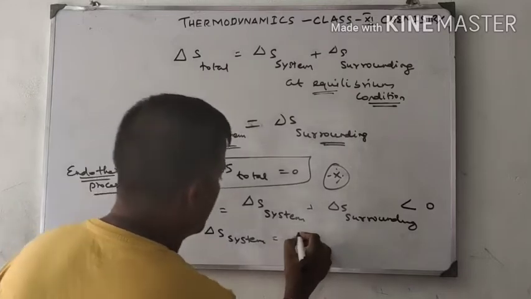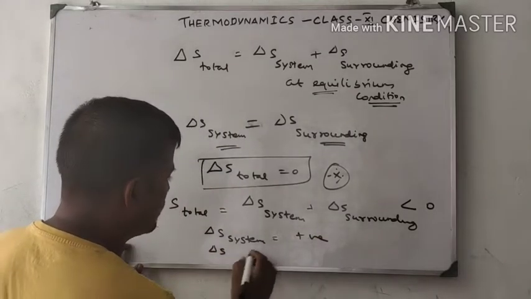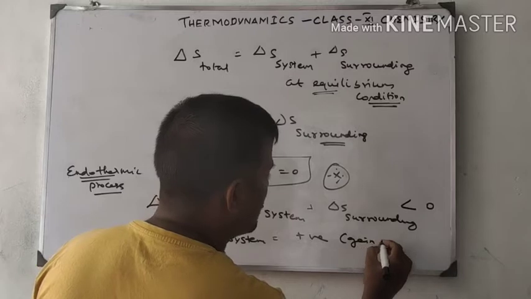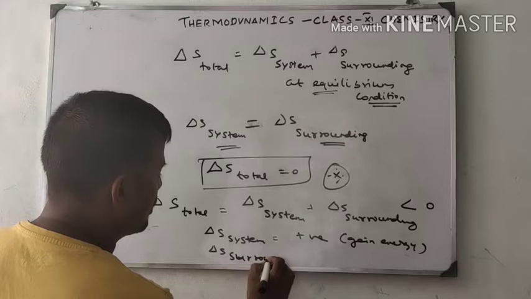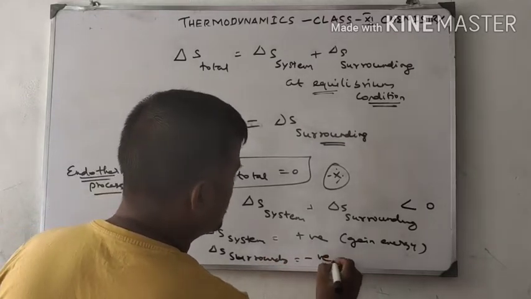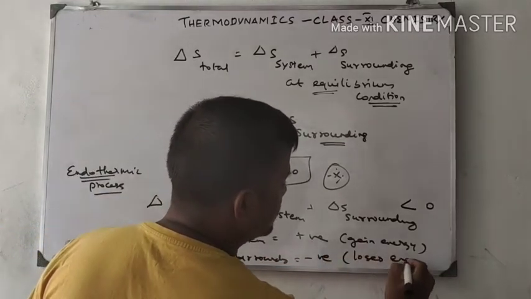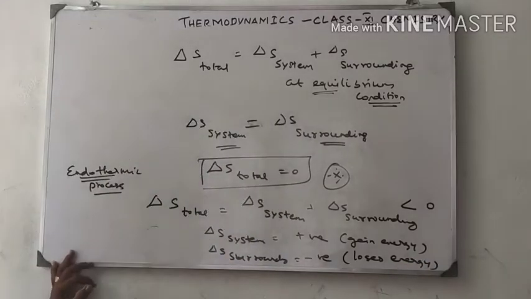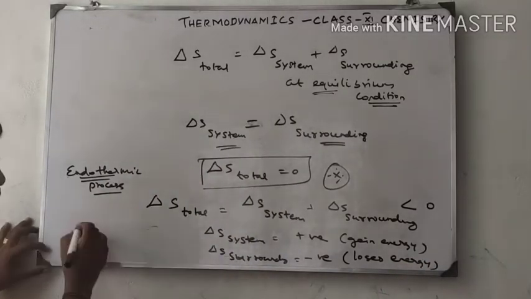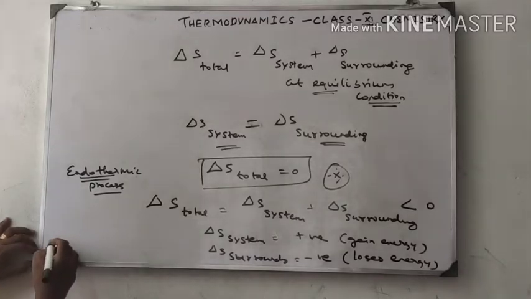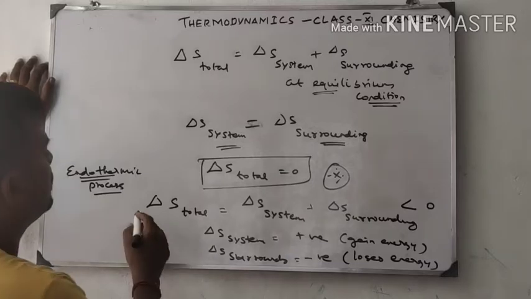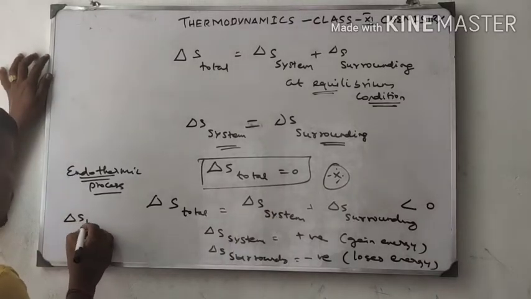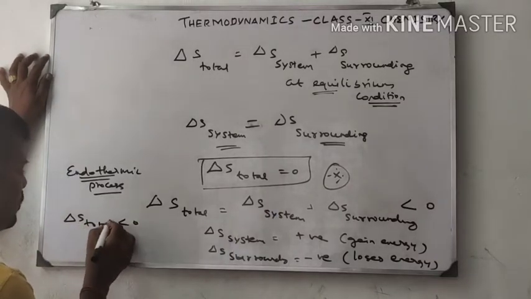Therefore, delta S system is positive. In the surrounding, delta S surrounding loses energy, because an endothermic process is the reverse of an exothermic process. Therefore, in this category, delta S total is less than 0.